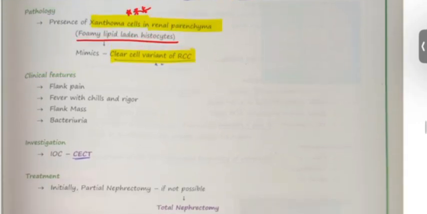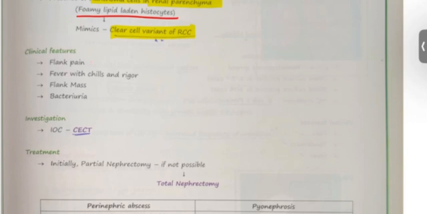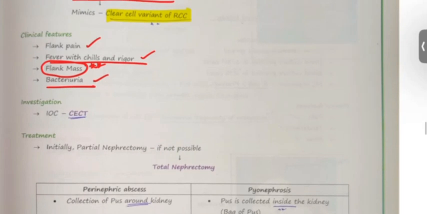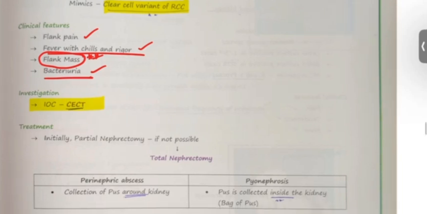So what will be the clinical feature? Again, in any case of infection, there will be flank pain, fever with chills and rigor, and bacteriuria. Along with that, there can be appreciation of a mass in the flank, which was not there in case of emphysematous pyelonephritis. Okay, investigation being contrast enhanced CT. Here, X-ray doesn't have any role because there is no air here.